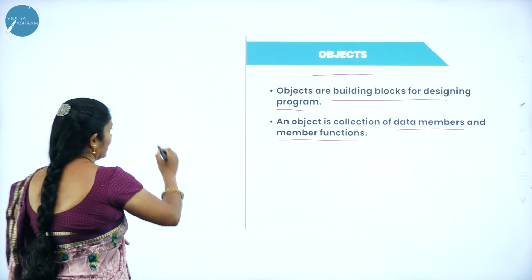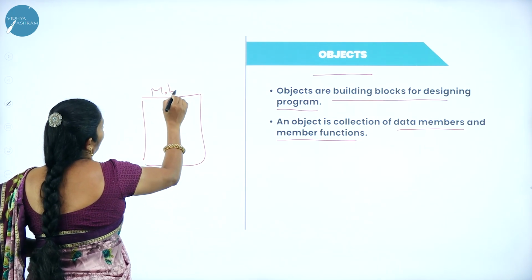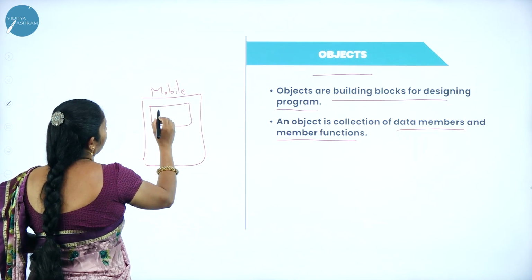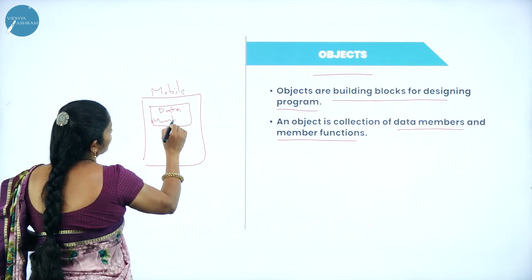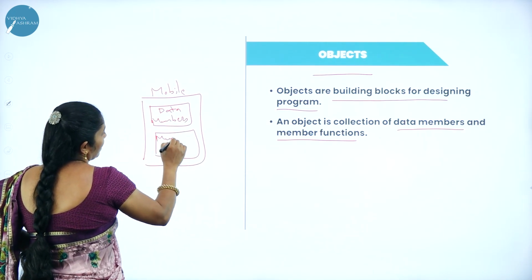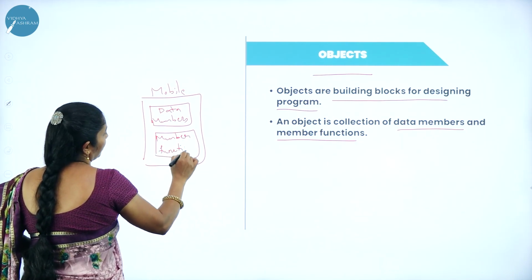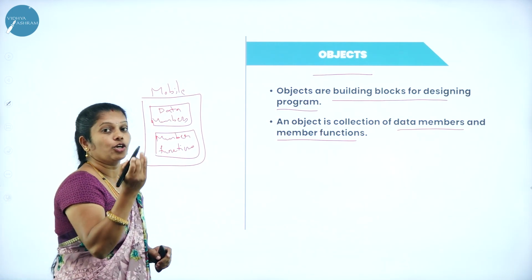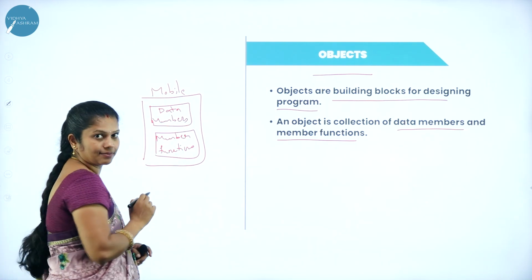For example, consider one mobile. This mobile has data members as well as member functions. Data members are nothing but the contact numbers, which can be called data.